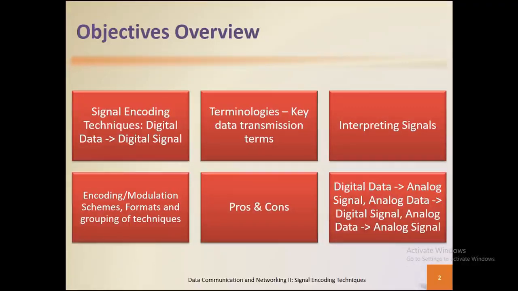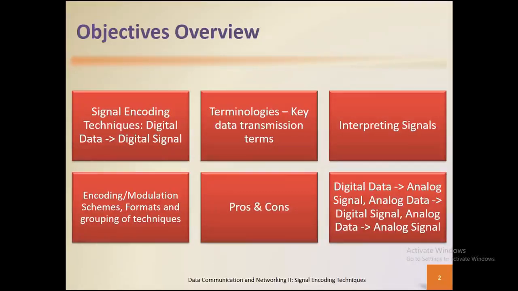So when we talk about digital, it's purely digitization, and that's where encoders and decoders come into play. But whenever you talk about moving between two separate forms of data transmission, then you're looking at modulation.